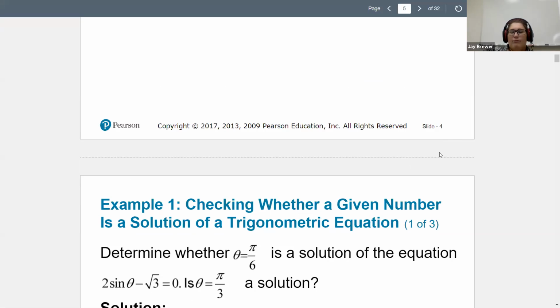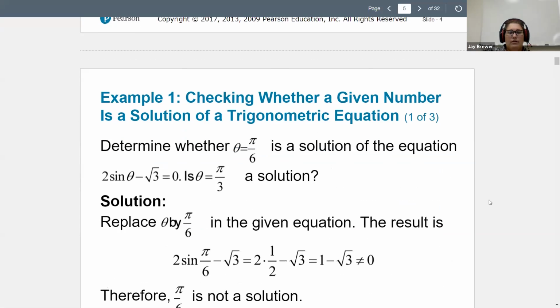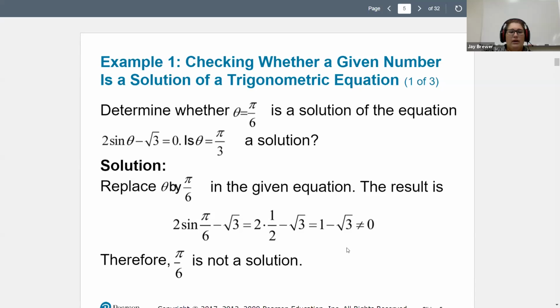So what's sine of pi over 6? 1/2. Yes. So 2 times 1/2 will give us a 1, 1 minus root of 3. Does 1 minus root of 3 equal 0? No. So therefore, pi over 6 is not a solution.